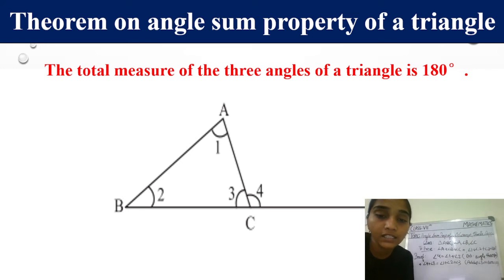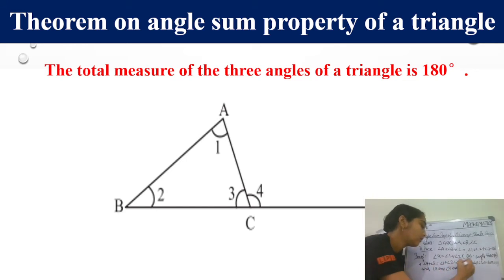If two angles form a linear pair, what is the sum of those two angles? Yes, it is equal to 180 degrees. So we can write that since angle 3 and angle 4 are forming a linear pair, the sum of angle 3 and angle 4 will be equal to 180 degrees.